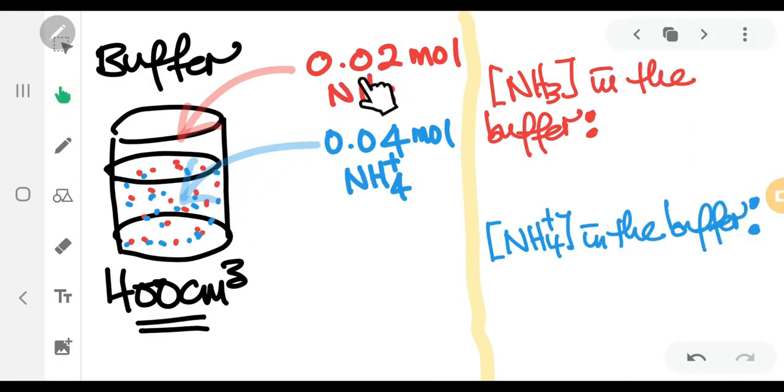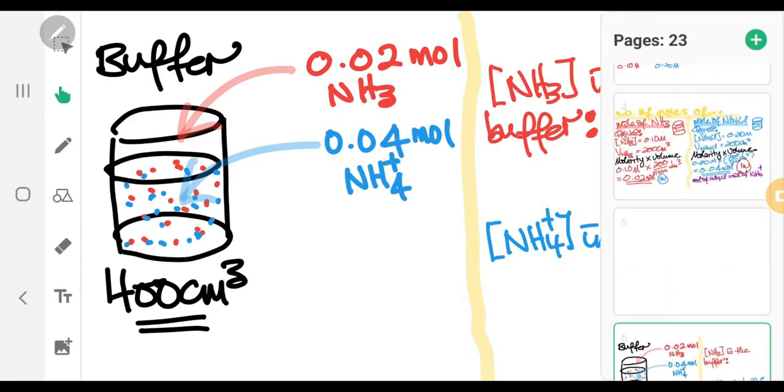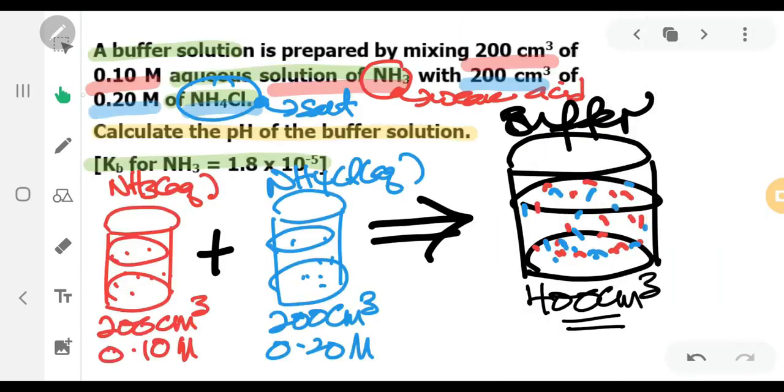When you have the weak base solution in a beaker and another beaker with the salts, when you mix them together, the total volume will come to 400 centimeter cubic, like what we talked about in the beginning. So this is the situation that we have drawn from what the question gives.